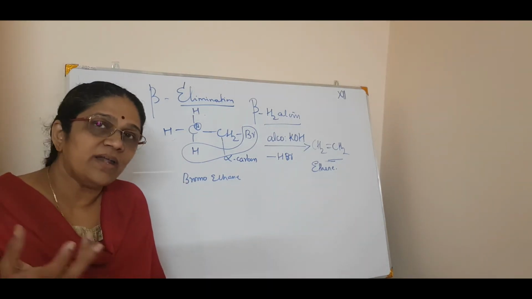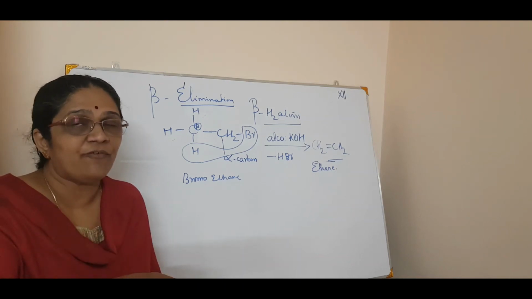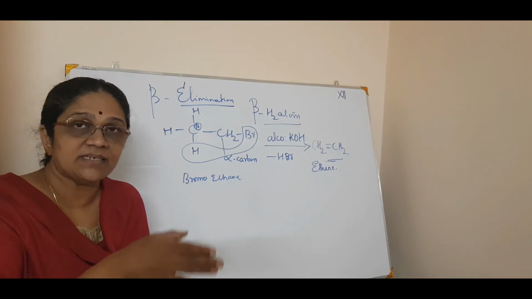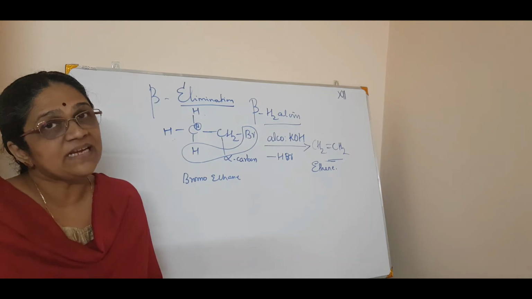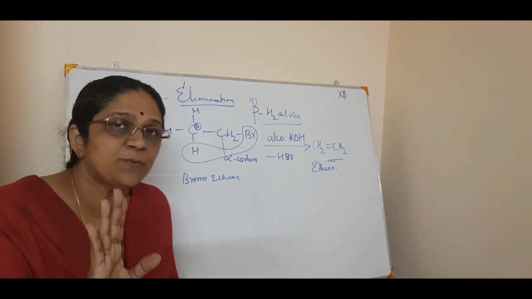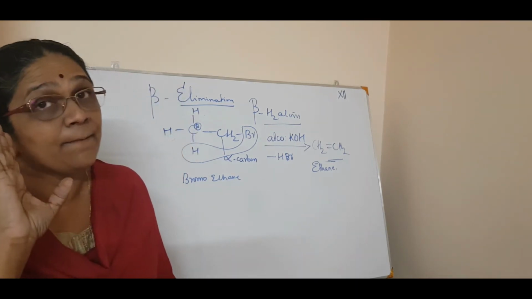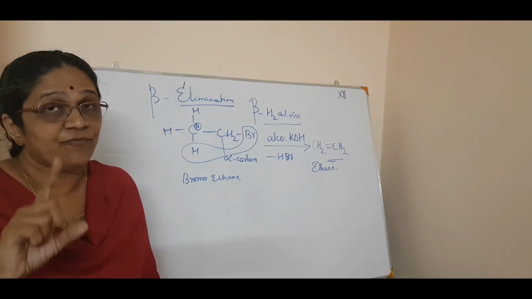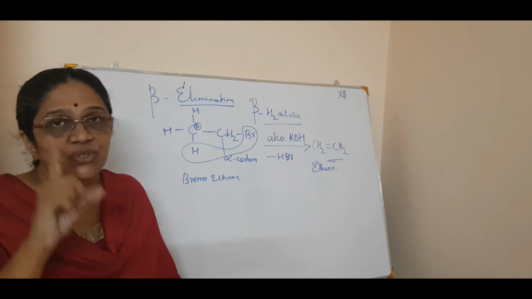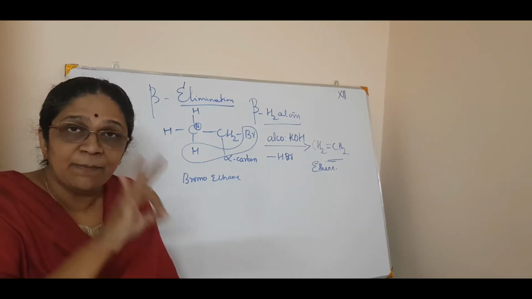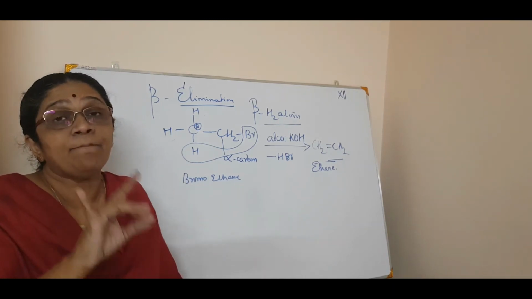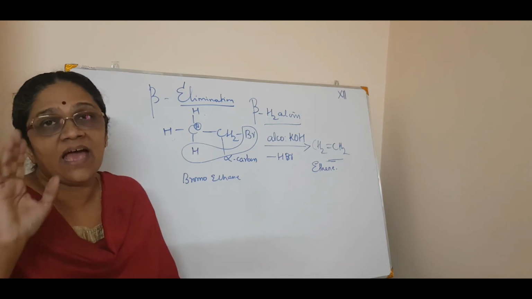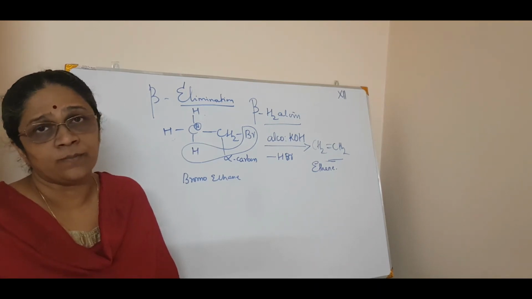It is also called an alpha-beta elimination because from the alpha carbon atom, the hydrogen atom is going, the beta hydrogen. But simply in your textbook it is beta, so better you study it as a beta elimination reaction. Now what is the reagent? If alcoholic KOH is used, definitely an elimination reaction happens and a double bond is formed. That is, an alkene is formed.